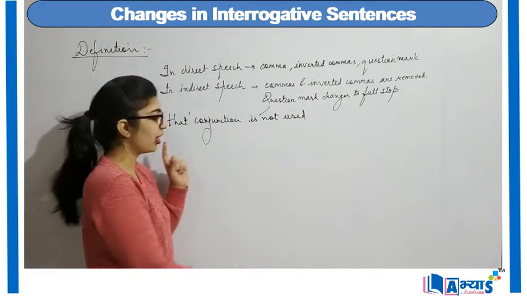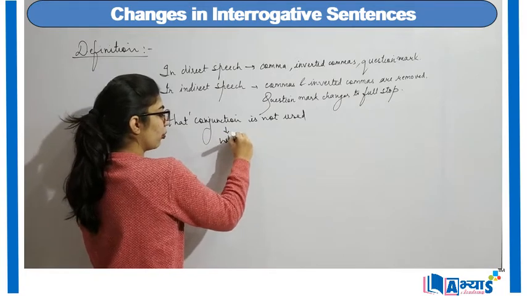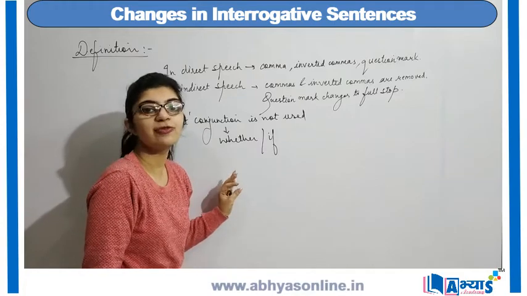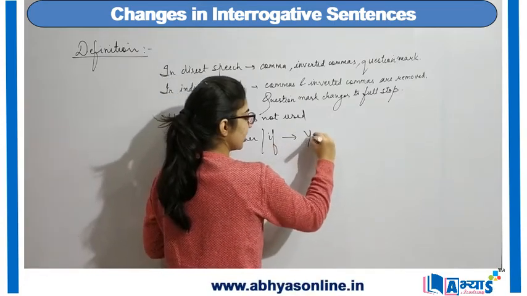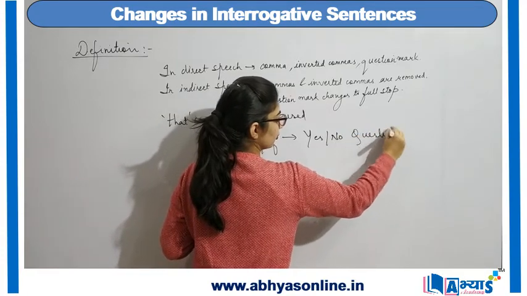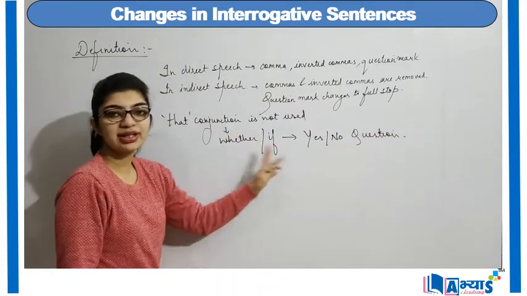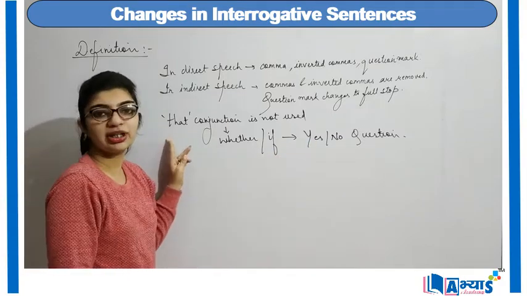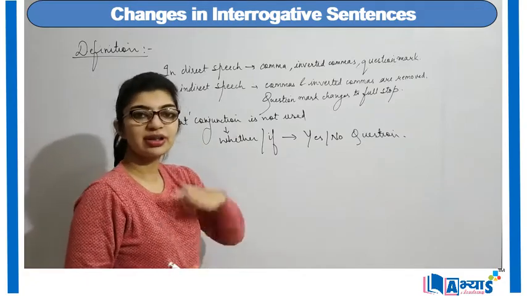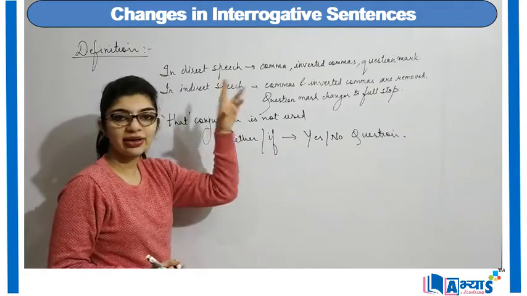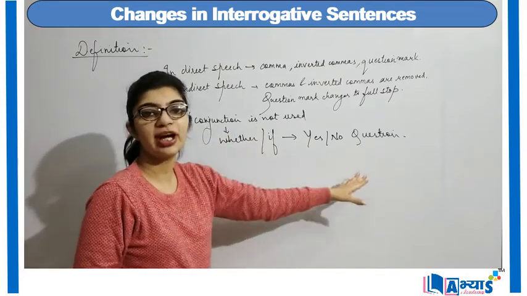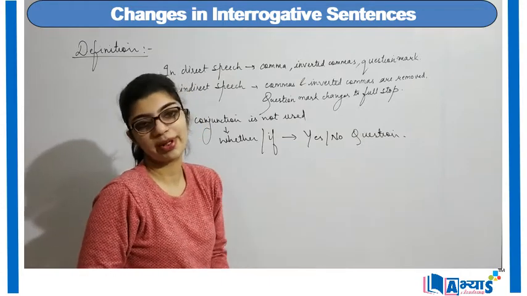Instead of that conjunction, we make use of whether or if, if we have to answer a yes or no question. Whenever we have to answer a yes or no question, we will not make use of that conjunction that we use in the rest of the sentences, but in interrogative sentences we make use of whether or if.